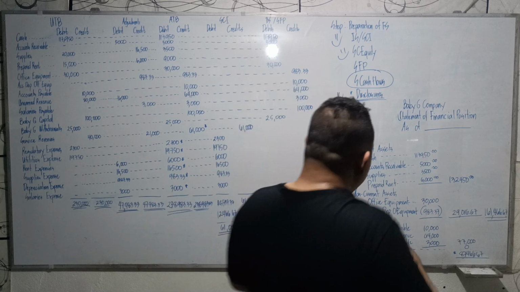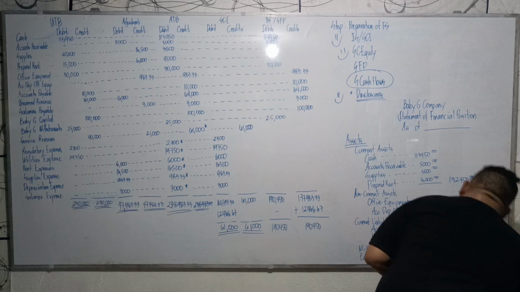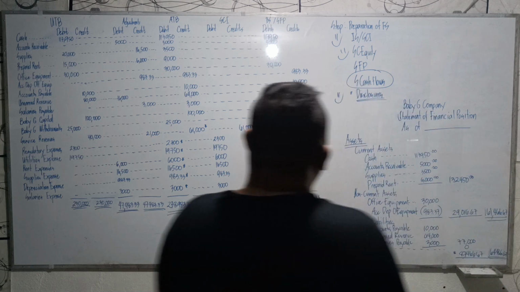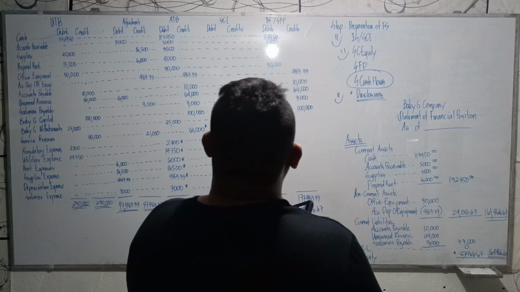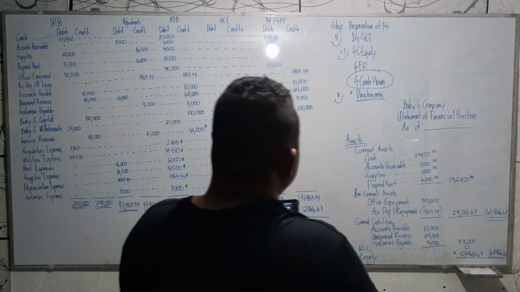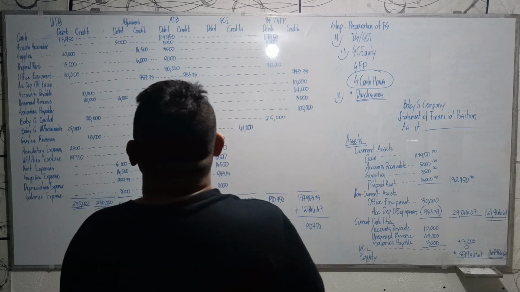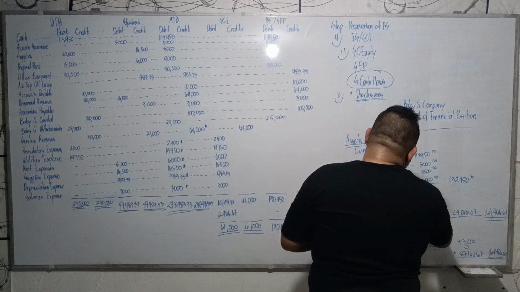That's 164,466.67. There is a difference of 3,000. So we might be wrong about the cash, for example. 117,950 plus 5,000 plus 3,500 plus, yeah, the prepaid rent is not 6,000. It should be 9,000 here.